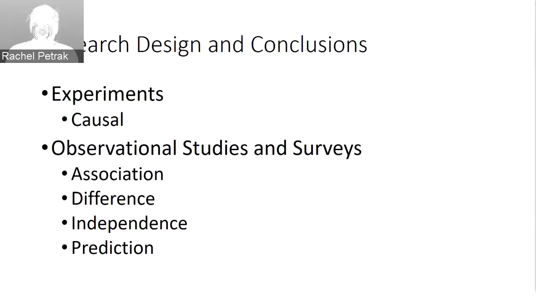We could look and see if two events or attitudes, two different things, are independent, and we can make predictions. We can apply these same tests in experimental data, but it just certainly bears noting that you can only draw causal conclusions when using these tests in an experimental setup.